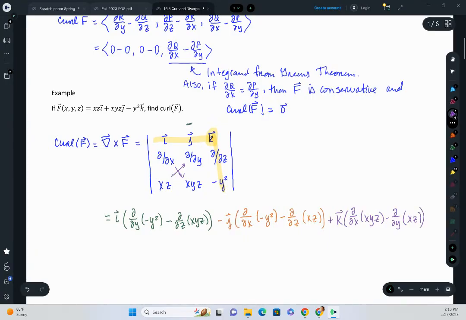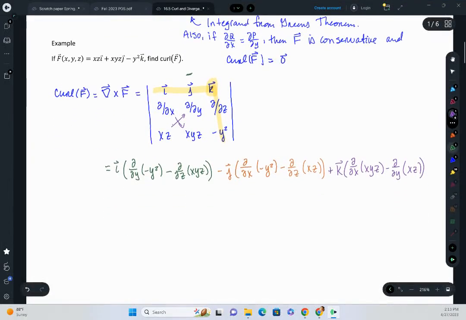All right, so I never took a single derivative here. All I did was just set up what has to happen, and now I'll go ahead and do all the work. Okay, so for the i component, I end up with minus 2y for the derivative of minus y squared with respect to y, and then minus xy for the derivative with respect to z of xyz.